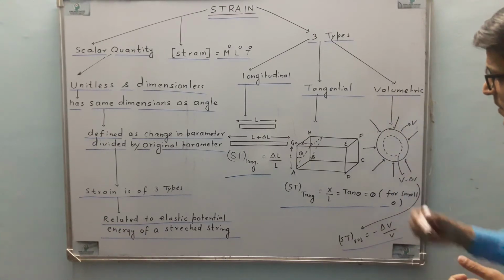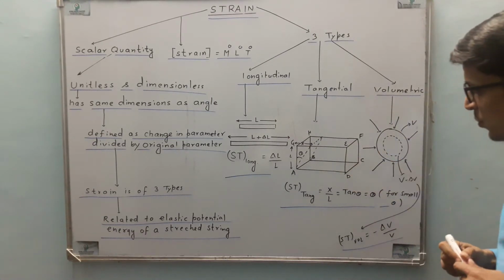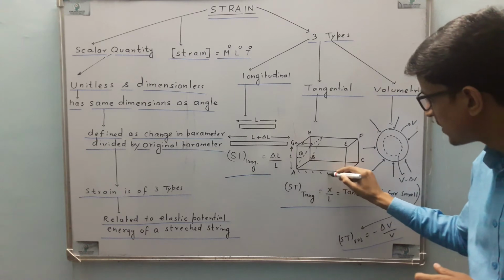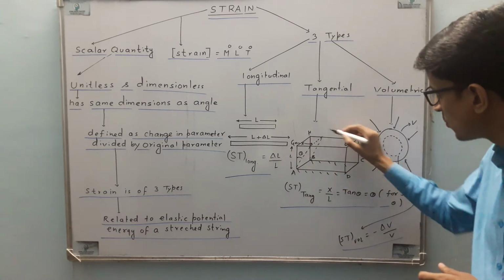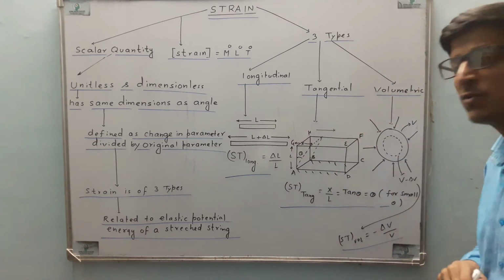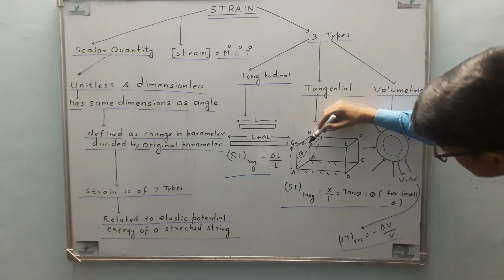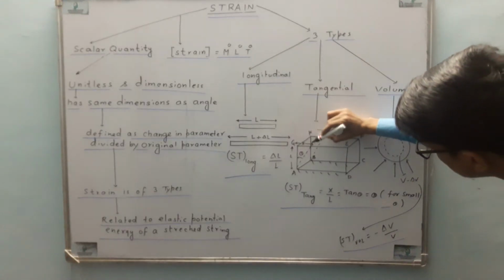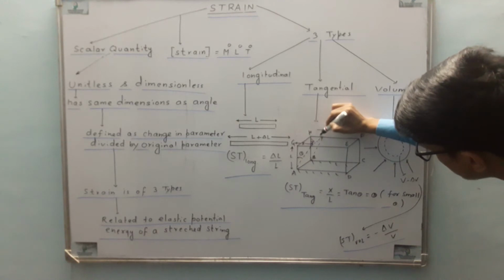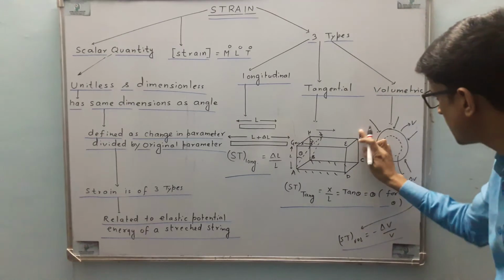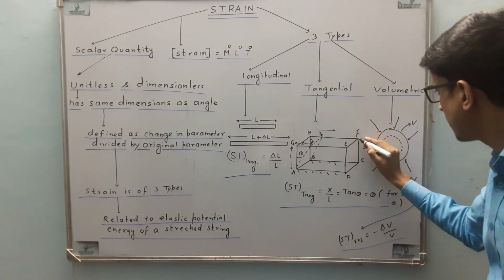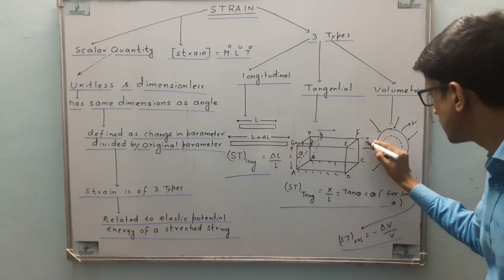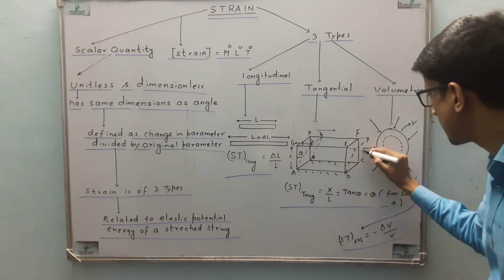Similarly for tangential strain, suppose this is a cube, you fix the lower face of the cube and apply a force tangentially to the upper surface. Suppose this G point comes over here to G dash, this H point comes over here to H dash, and this entire face gets shifted like that.